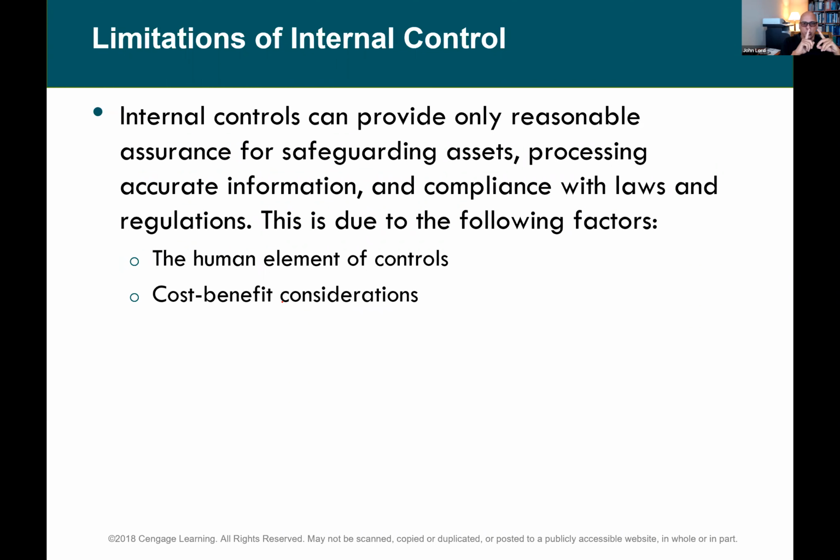Maybe we have a control where we have a separation between the authorization to record a transaction and the actual recording. Or we separate the possession of the accounting records from the possession of the actual asset. You shouldn't have the same person who has the ability to make deposits or make withdrawals.